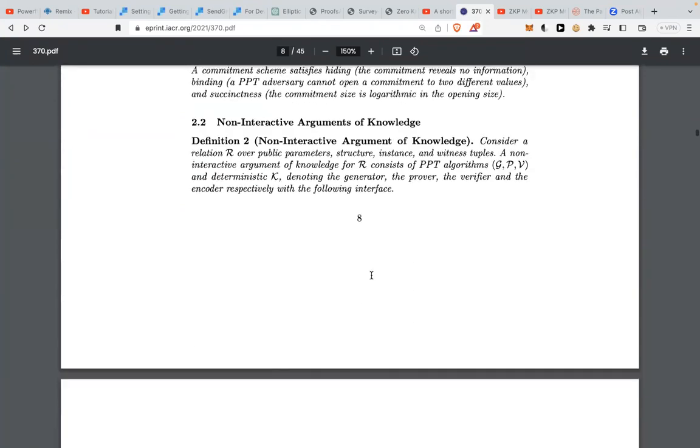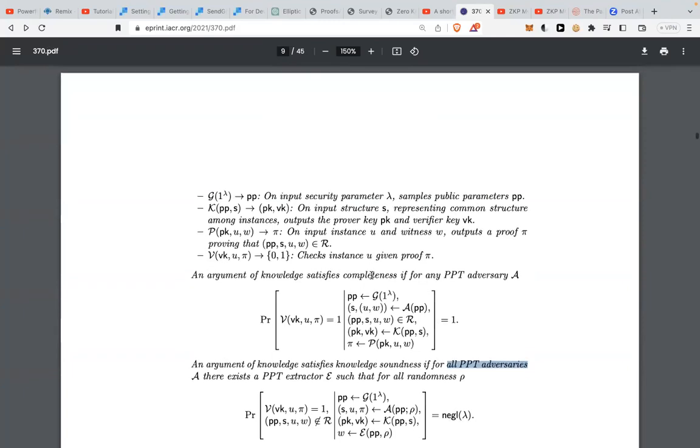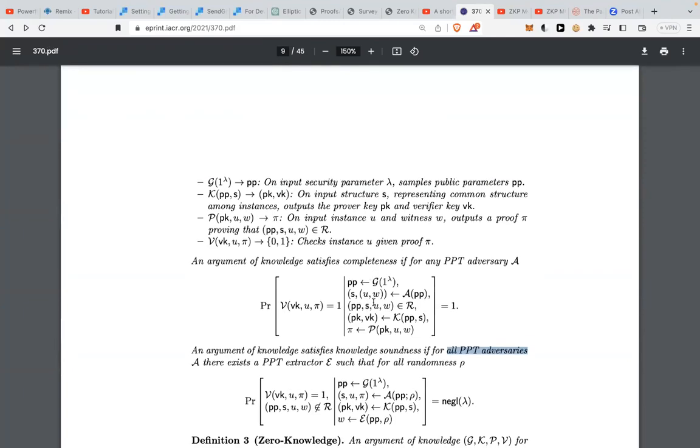So let's start with this NARK, non-interactive argument of knowledge. This is the security parameter lambda which we were talking about, and before instantiating the circuit, we input it into this G algorithm, which outputs some public parameters.